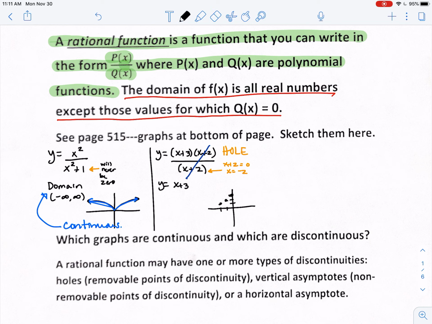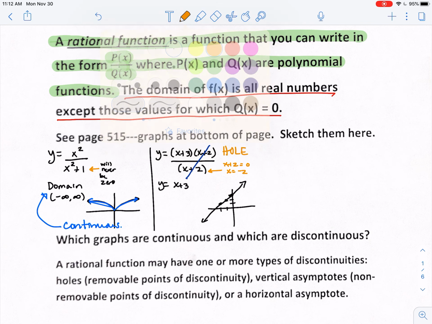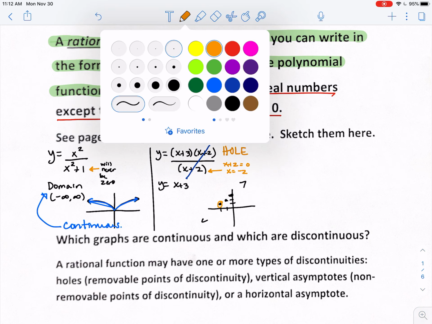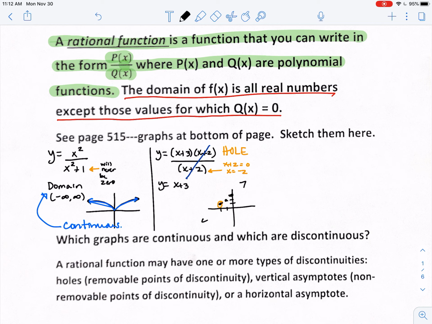Down 1, left 1. Okay. Here's the function, x plus 3. Problem is, I have a hole at -2. So I need to draw this graph where, oh, I hit the eraser. Darn it.